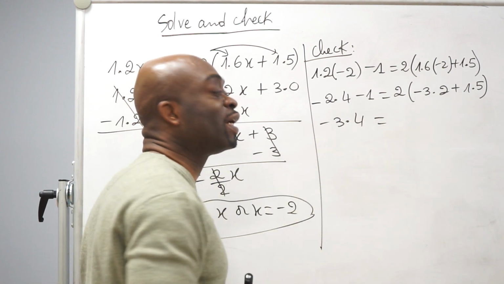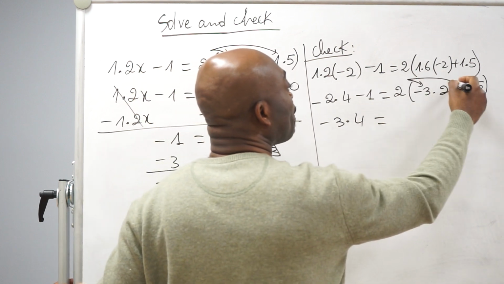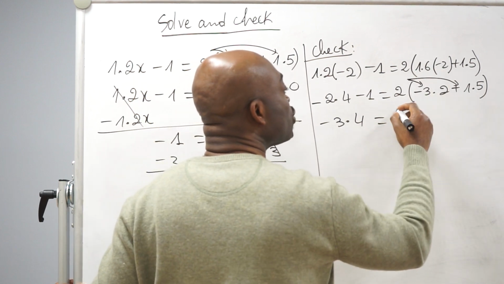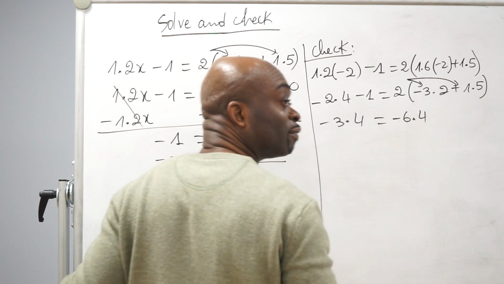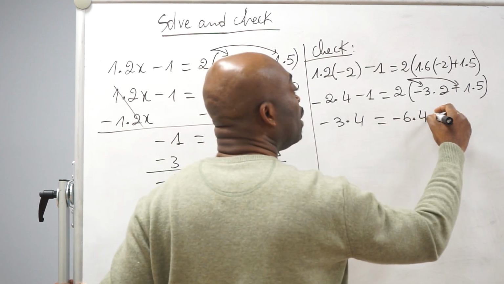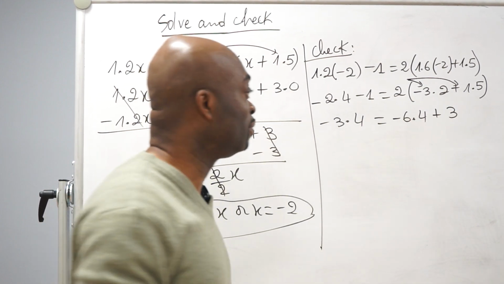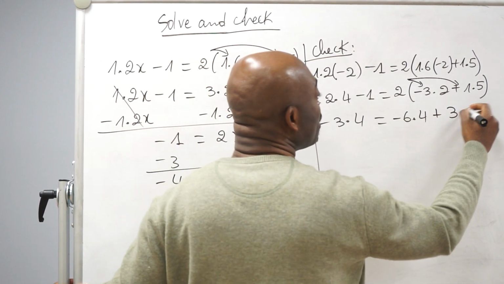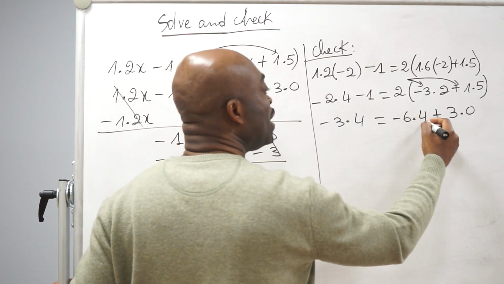And for this one here, we can multiply the 2 to remove the parentheses. That gives us -6.4, and then plus 3, or 3.0. We can put 3.0 if you want to. Then we combine like terms here.